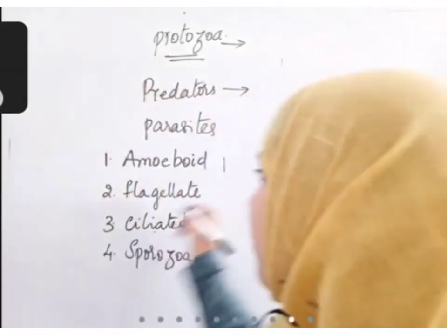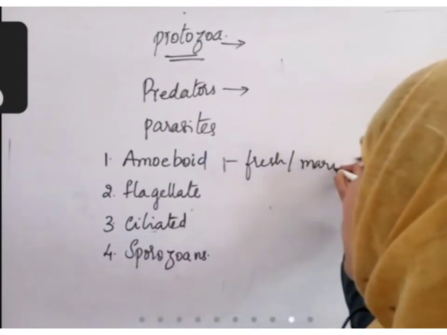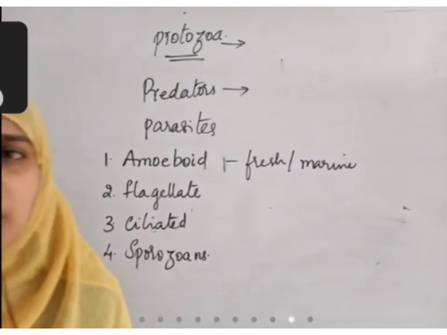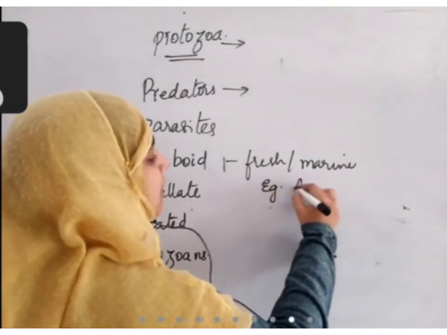First one, amoeboids. They live in fresh water or marine water. An example of amoeboid creatures is amoeba.